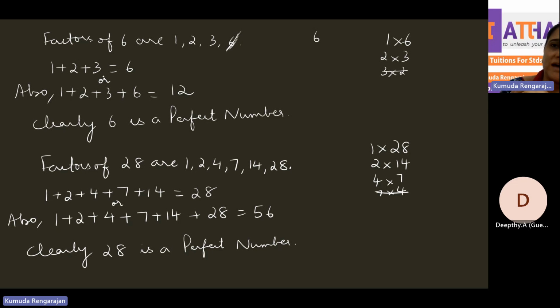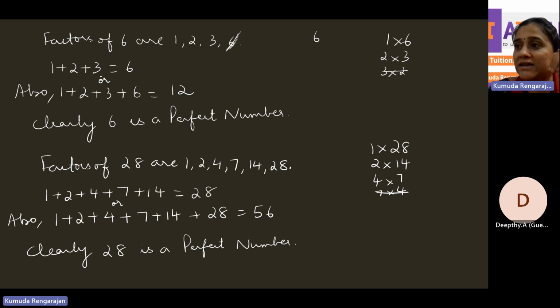So when the sum of the factors of the number, not including itself, equals the number, it is perfect. Don't include itself here, because every number is a factor of itself, and 1 is a factor of every number.